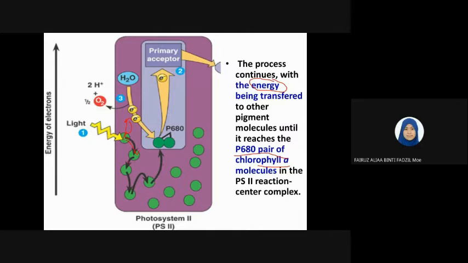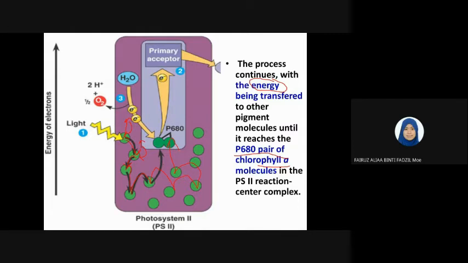The energy will transfer to the next pigment, causing the electron of the next pigment to be raised to the excited state and then fall back, and that will cause the energy to transfer to the next pigment. This process continues. The energy transfers from one molecule to another, until it reaches the reaction center chlorophyll.